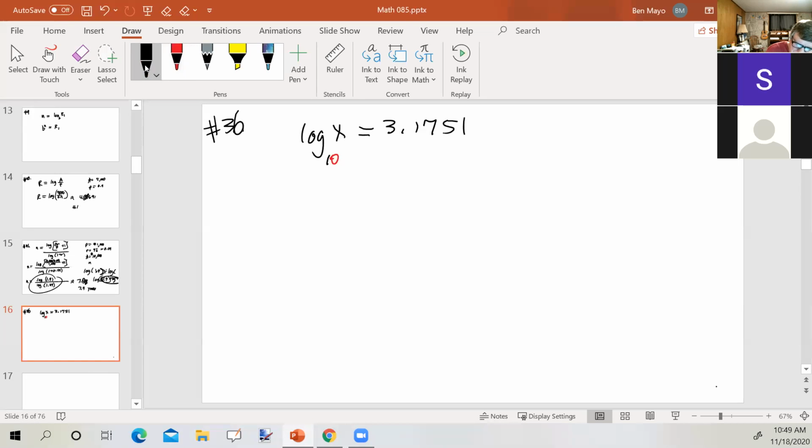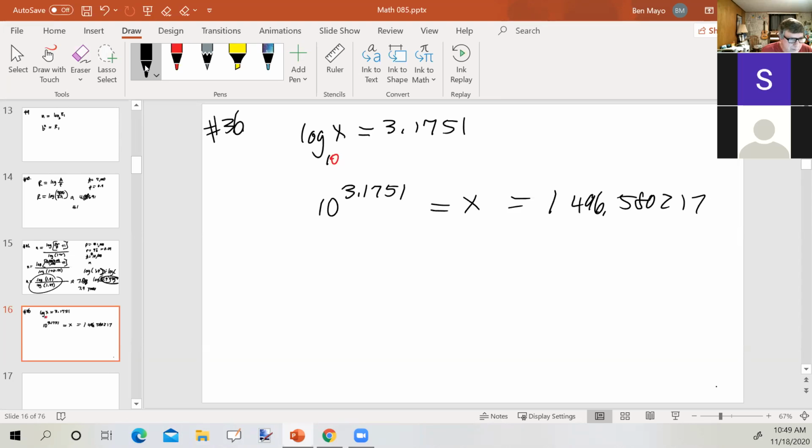So changing this equation into exponential form, we get 10 to the 3.1751 power equals x. So we go to our calculator, 10 raised to the 3.1751 power, and we get 1496.580217.